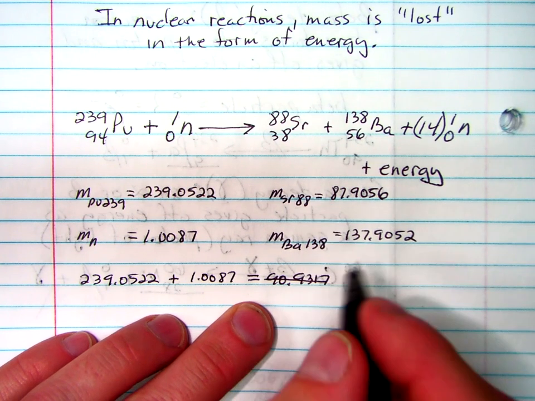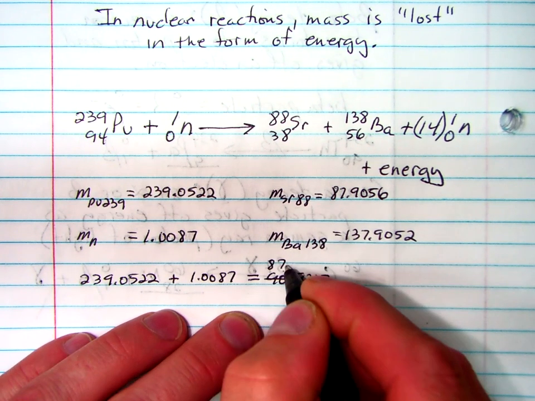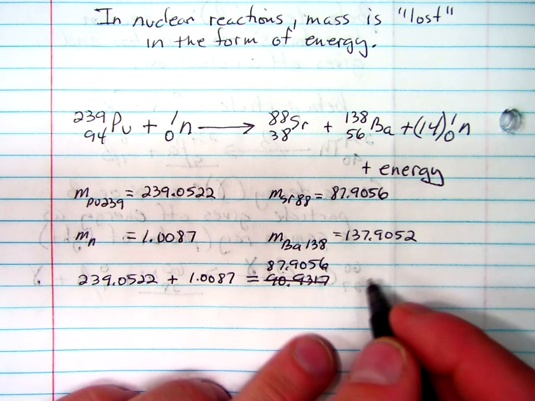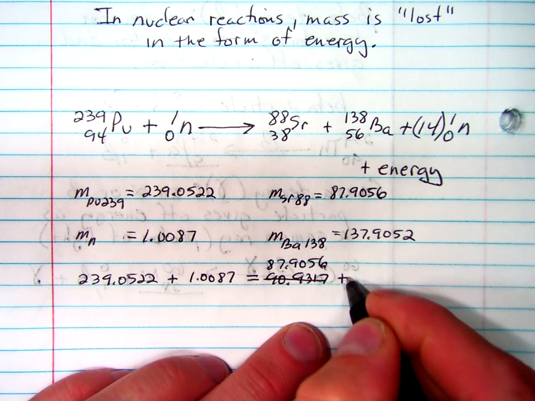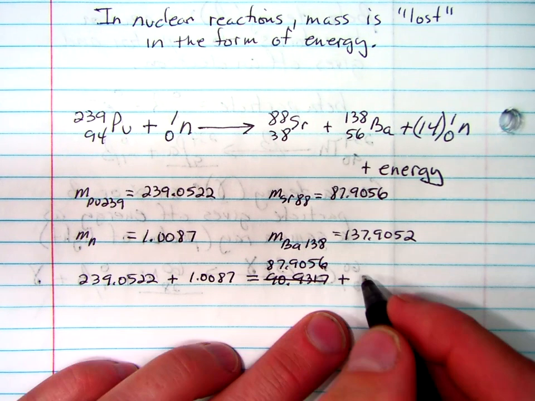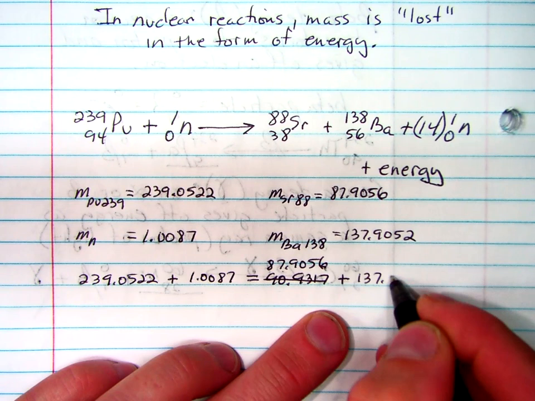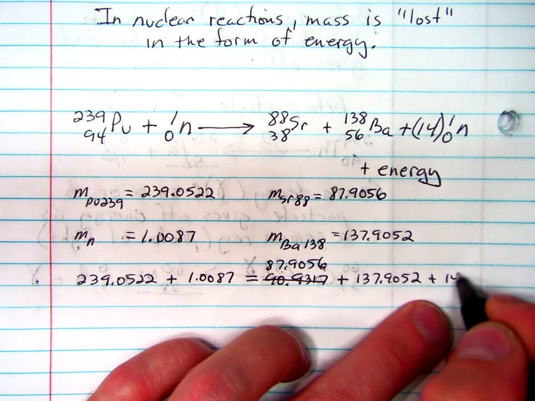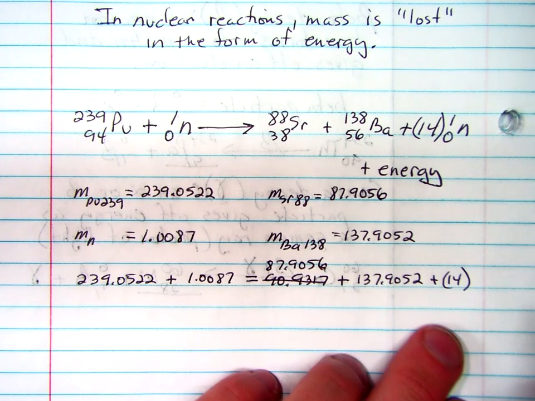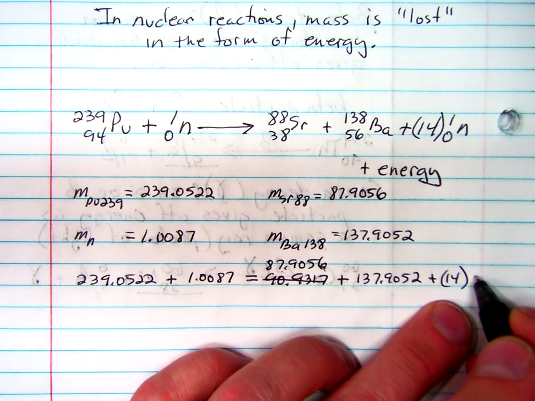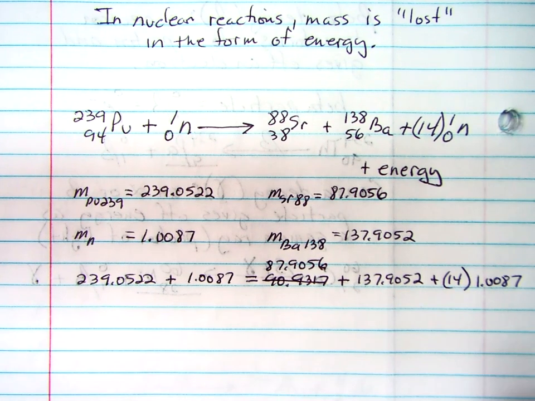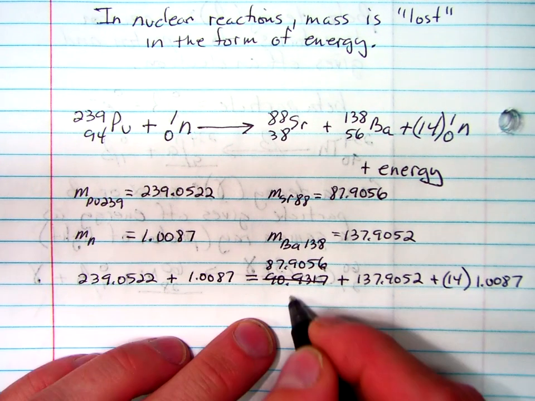We need strontium-88, which is 87.9056. Sorry about that, I was looking at some different notes. And we're going to add to that the barium-138 mass, which is 137.9052, plus 14 neutrons, which have a mass of 1.0087, plus mass lost.